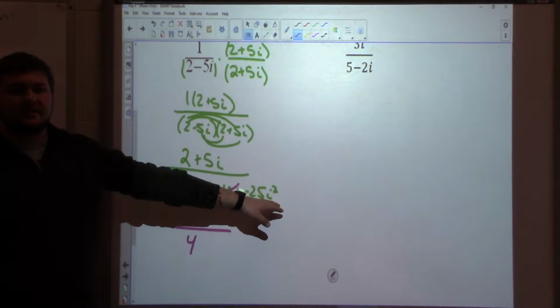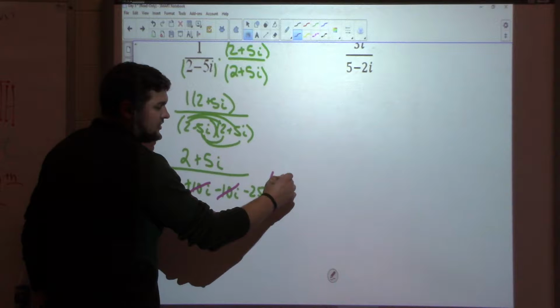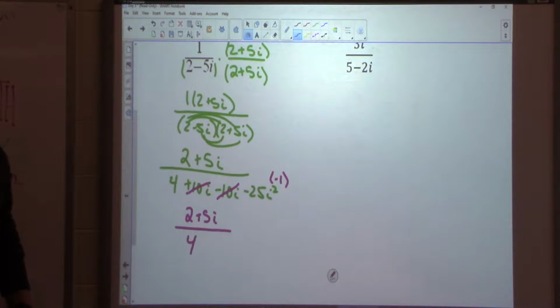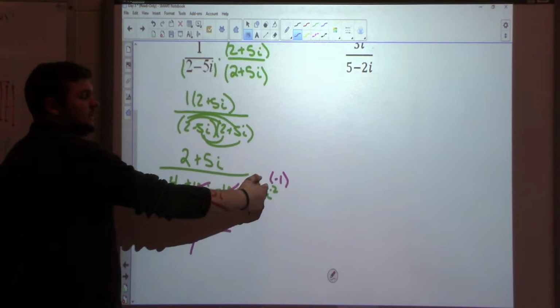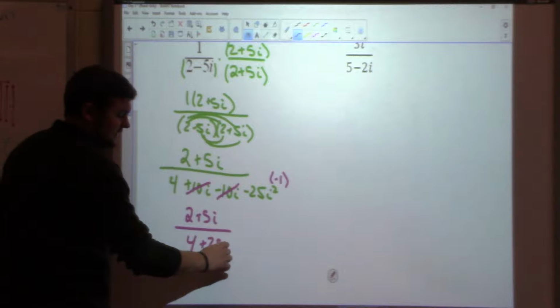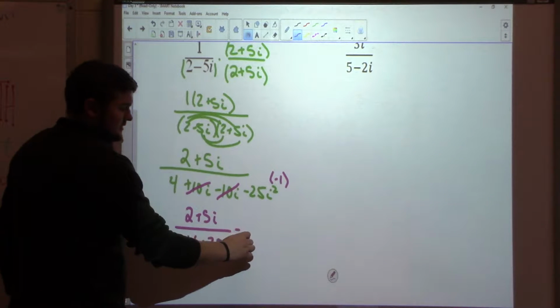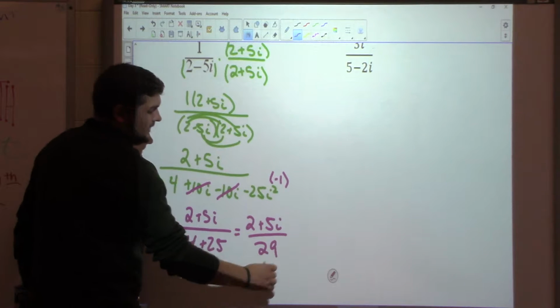What happens with that? It turns to negative 1. Anytime I have i squared, I'm changing it to negative 1. I'm going to skip the step of writing that whole part out. Negative 25 times negative 1 is what? Positive 25. So 2 plus 5i over 29.